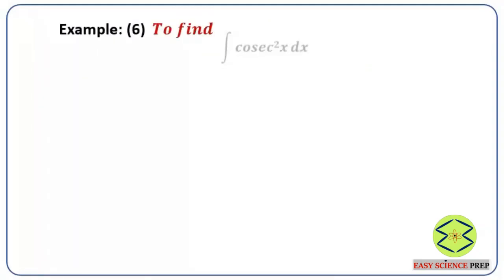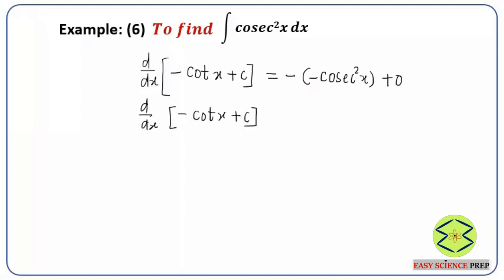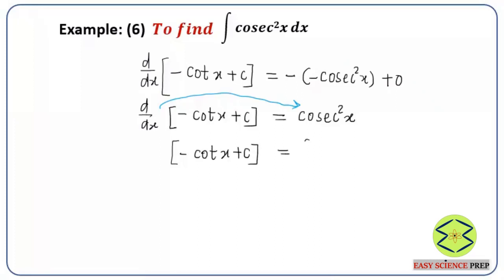Similarly, we can write down for integration of cosec square x. We know that the derivative of cot x is minus cosec square x, so I'll be using the derivative of minus cot x plus c, and that is going to be minus, and the derivative of cot is minus cosec square x, and derivative of constant is 0, so you'll be getting the derivative of minus cot x plus c as cosec square x, and if I bring this derivative from left to right, this is going to become an integration of the right function, so we'll get minus cot x plus c is the integration of cosec square x dx.